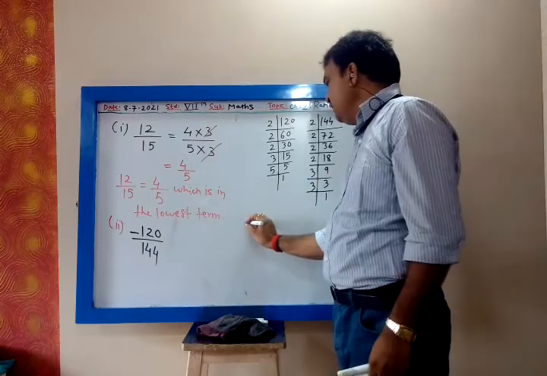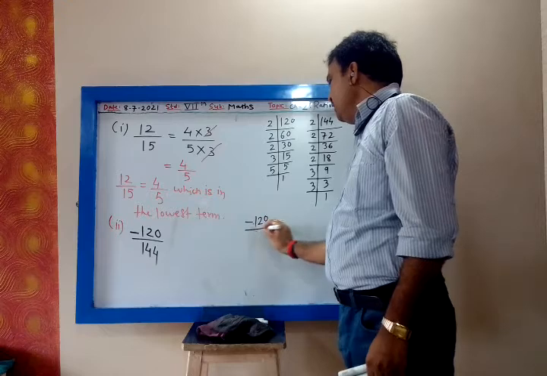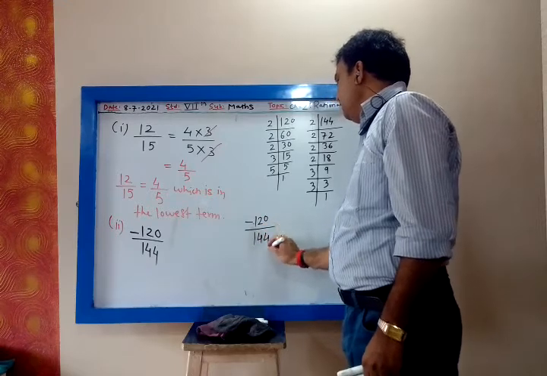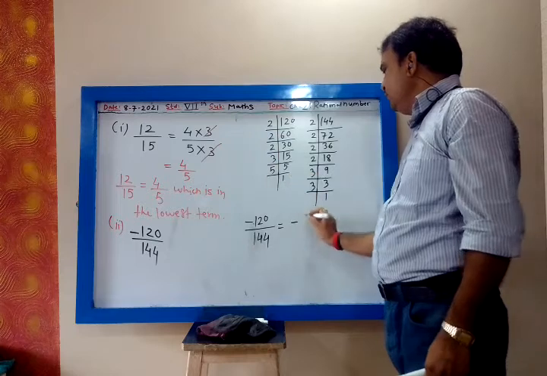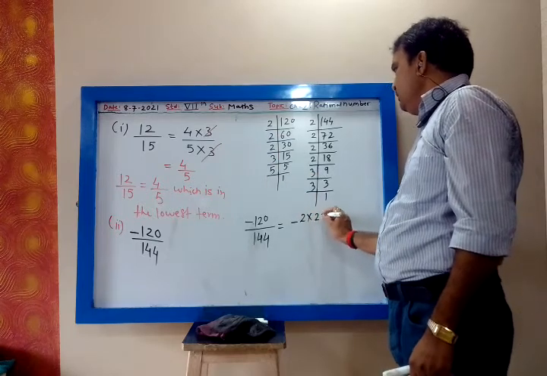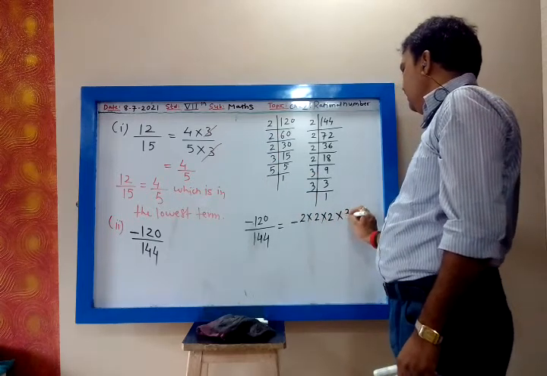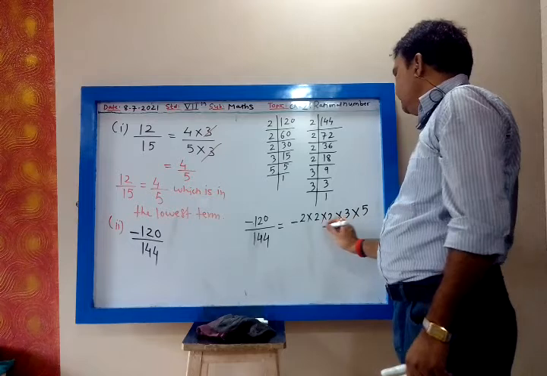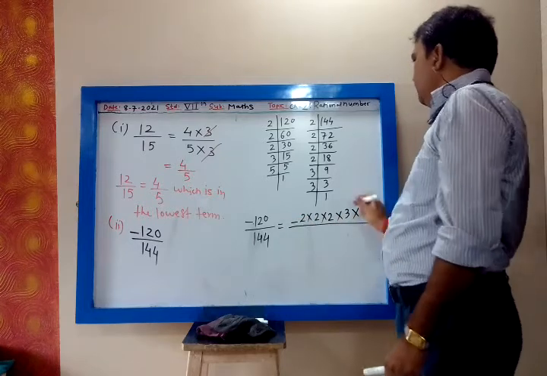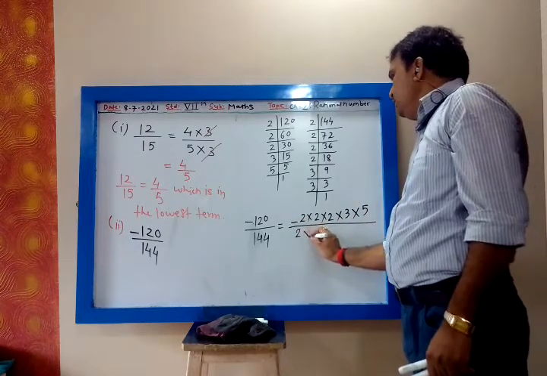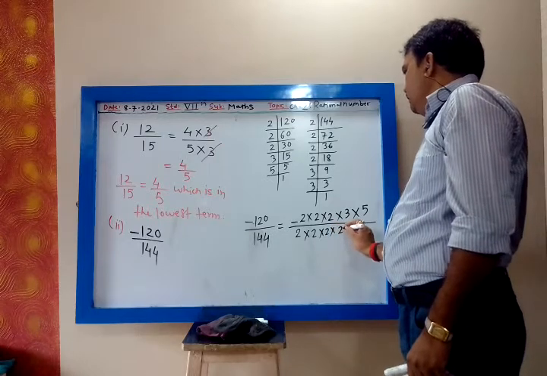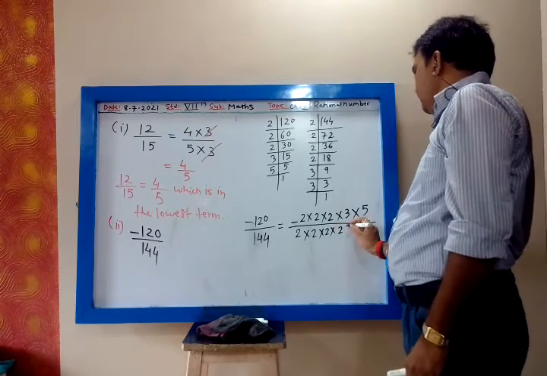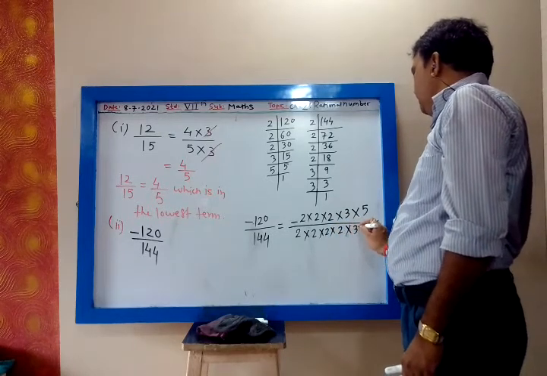So this minus 120 upon 144, I will write 120 as 2 into 2 into 2 into 3 into 5. Then upon 144 I will write 2 into 2 into 2 into 2, 4 times, into 3 into 3.